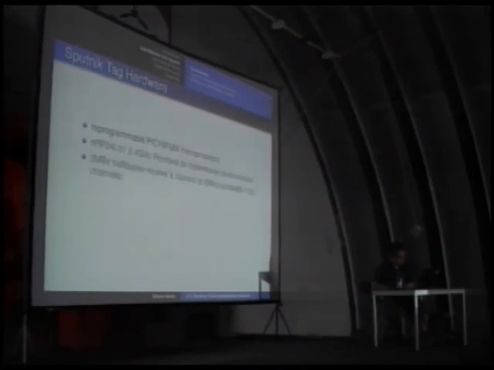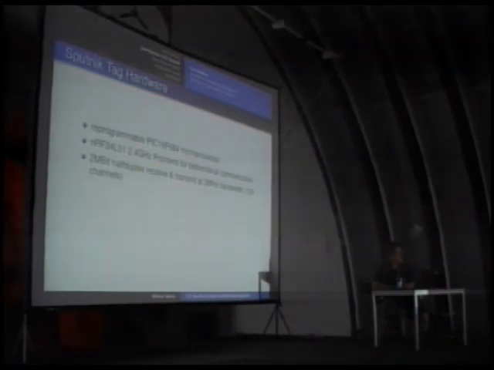We again use this NRF24L01 2.4 gigahertz front end from Nordic Semiconductor. This is really, really great. You have to read the data sheet. It's readable, and it provides basically all kind of communication functions you need in hardware. So, for example, it provides acknowledging services.